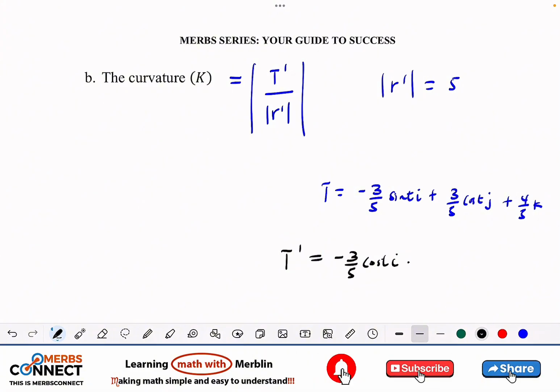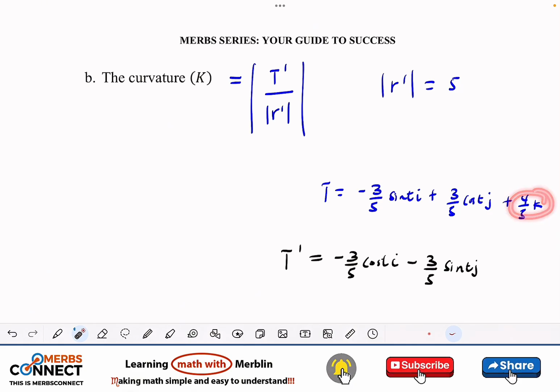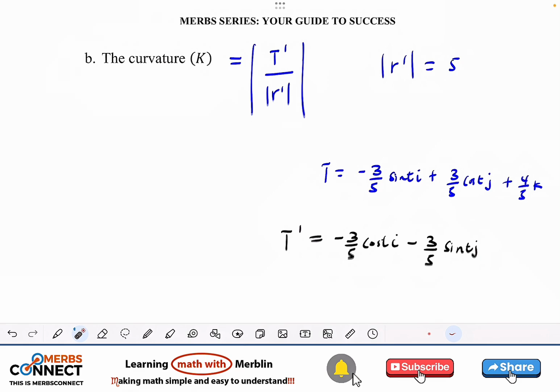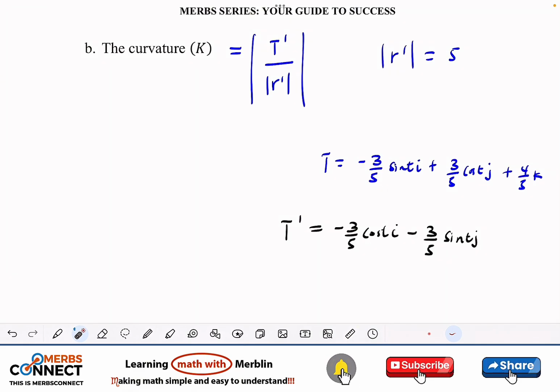So this changes to minus 3 over 5 sine t j. Then when I differentiate this, there is no t, so it's a constant, so when I differentiate it, I'll get 0. Good. So what am I going to do? I need to find t prime divided by the magnitude of r prime. Then when I'm done, I find the magnitude.